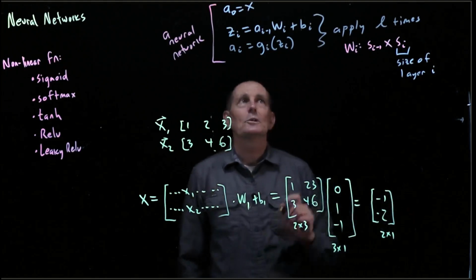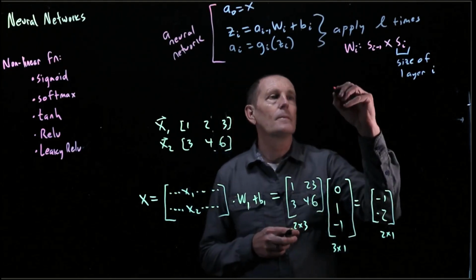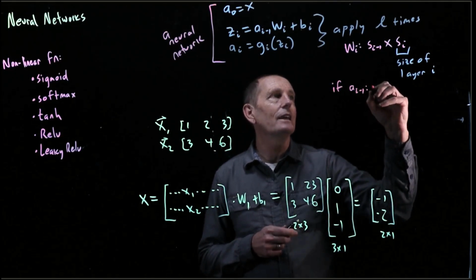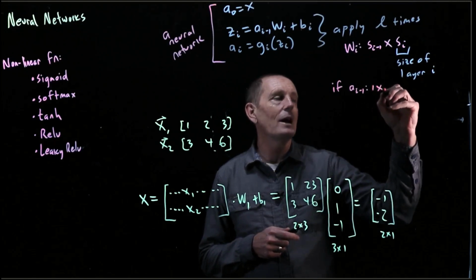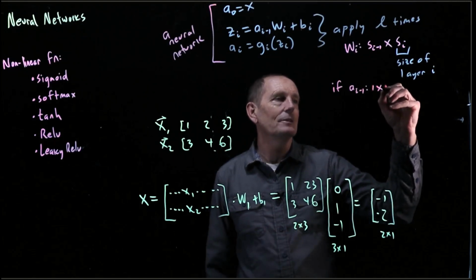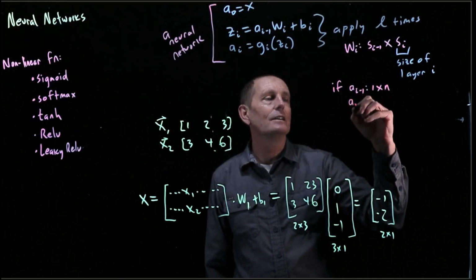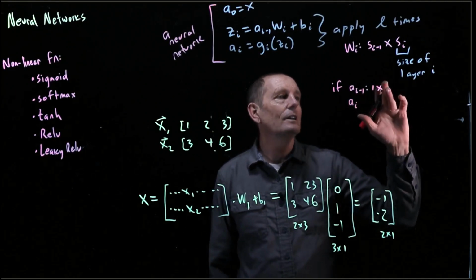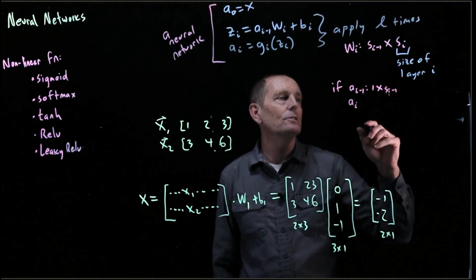So normally what we were looking at is that z sub i, if a sub i minus 1 is a 1 by, let's just say n, then a sub i minus 1 is a 1 by s sub i minus 1.